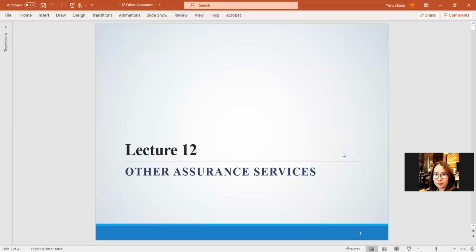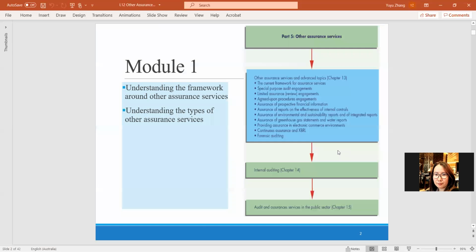So the first part is about other assurance services from lecture 12. In the prior lectures, the focus of all the topics from the whole semester was basically about the financial statement audit. Is that right?